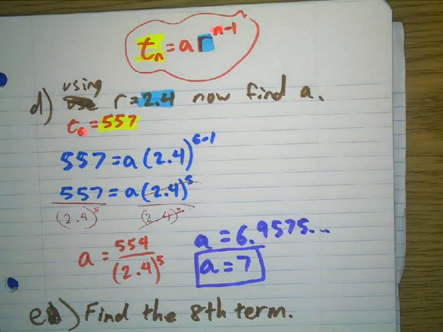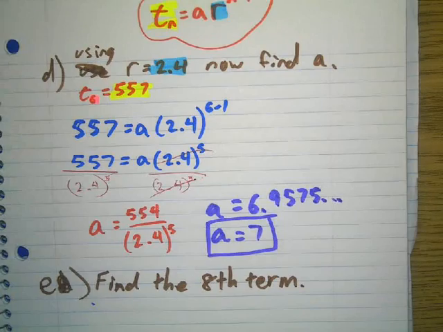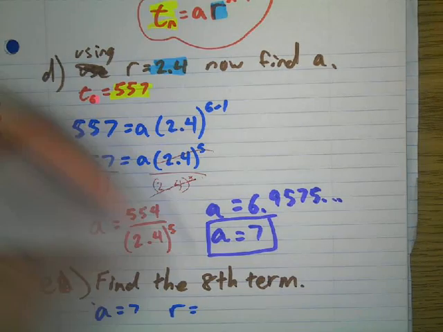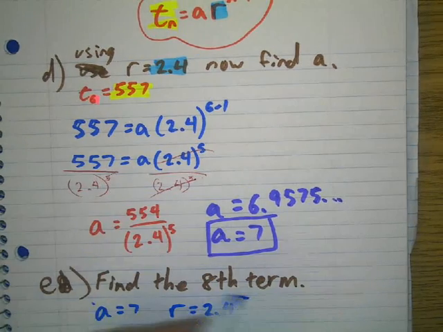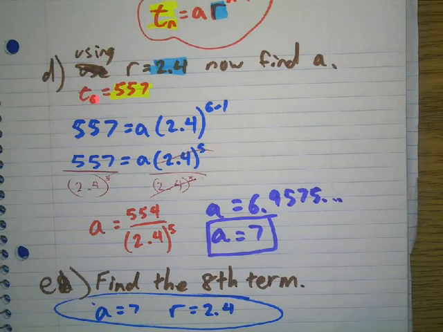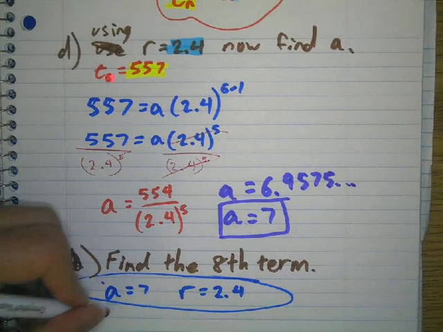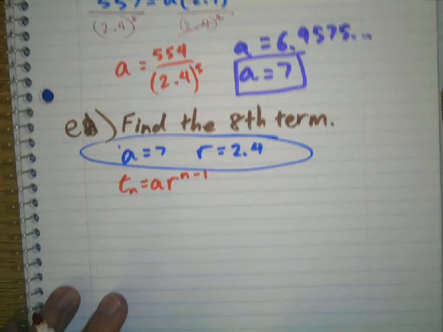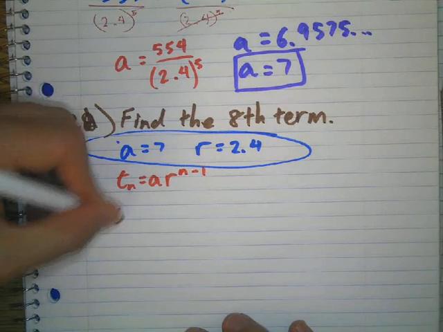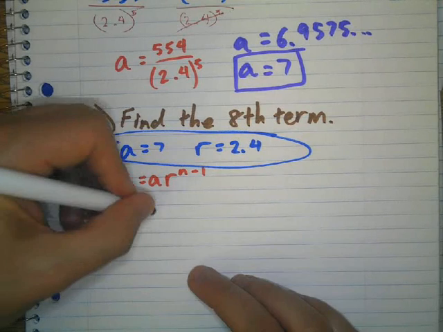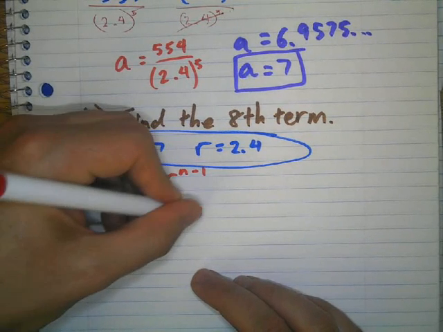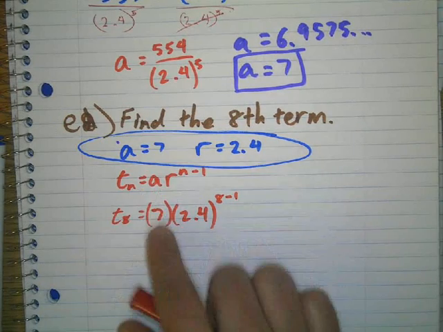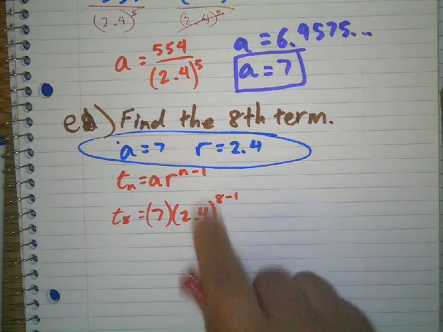Okay, so now we know that a equals 7 and r equals 2.4, right? So using that information, we're going to find the 8th term. Okay, so what's the formula for finding a term? Using this formula, right? Okay, let's find the 8th term. So there we go. We've got 7 times 2.4 to the 8 minus 1, because we're finding the 8th term. a is 7, r is 2.4, n is 8.